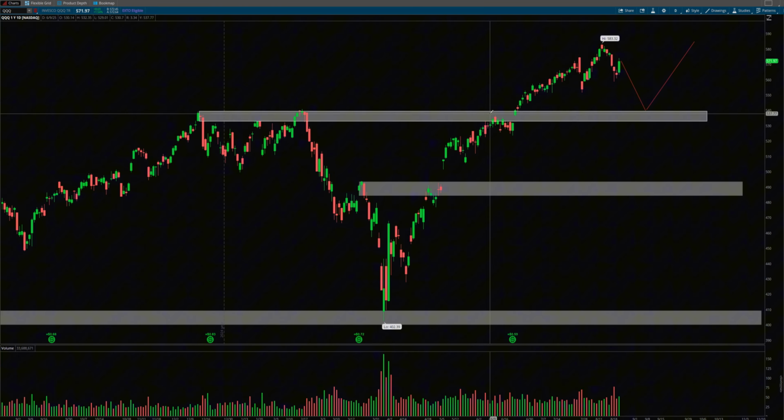So it is a psychological level for institutions to place not only stop orders, but also new buy orders. So the main things to be looking for as support and resistance are prior highs, prior lows, a breakout point or a breakdown point, gap openings, and high volume trading days.